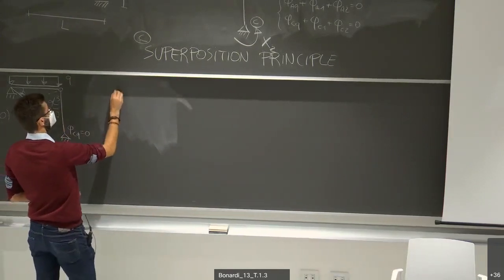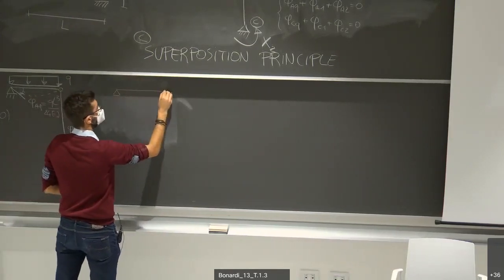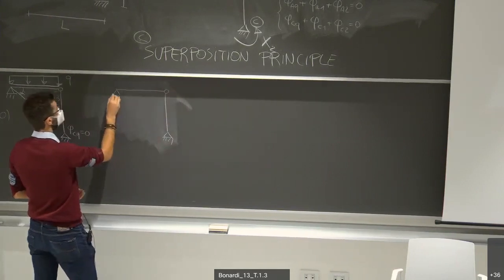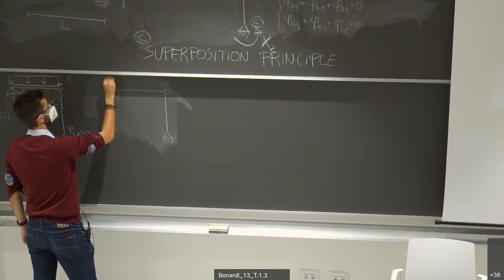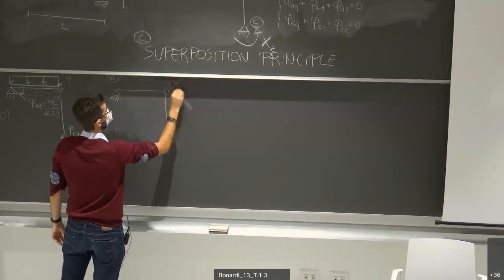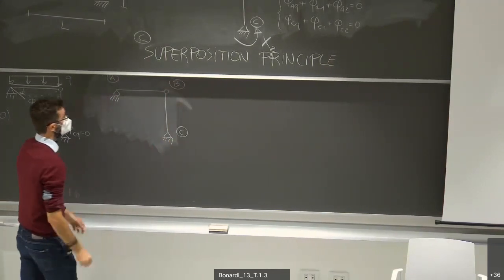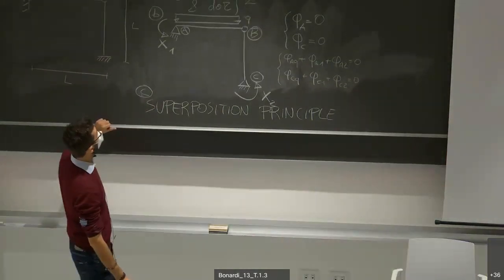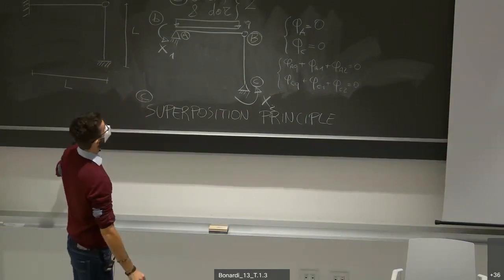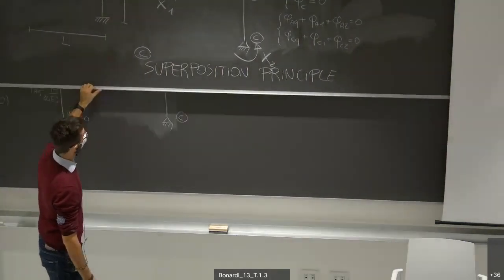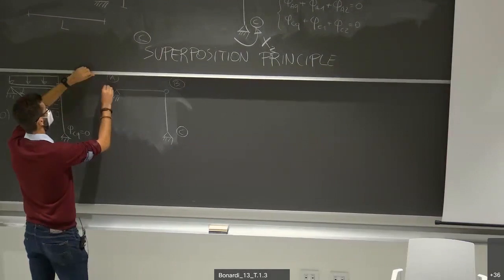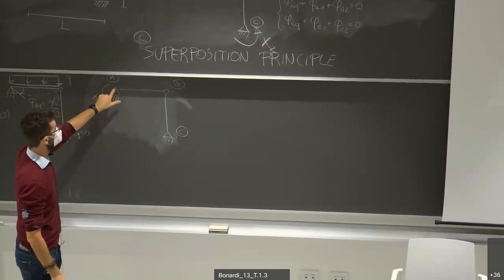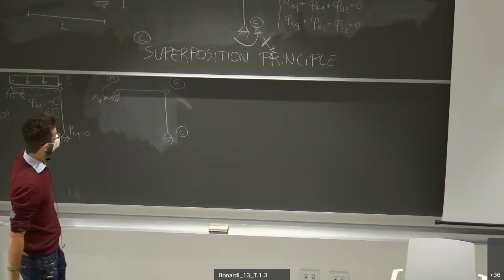Well, the second structure is here. The geometry is always the same. This time we are considering the effect of moment X1. So we have a moment X1 applied in node A and nothing else.